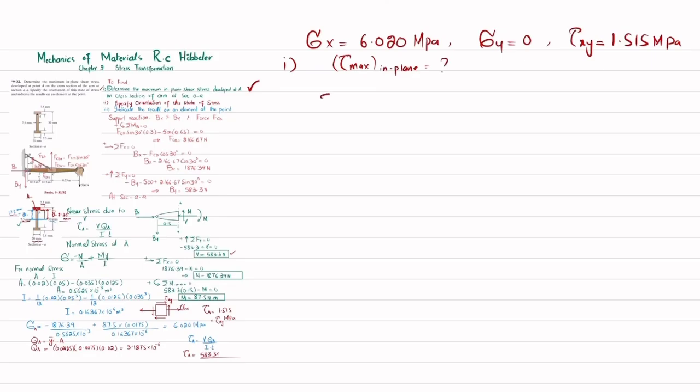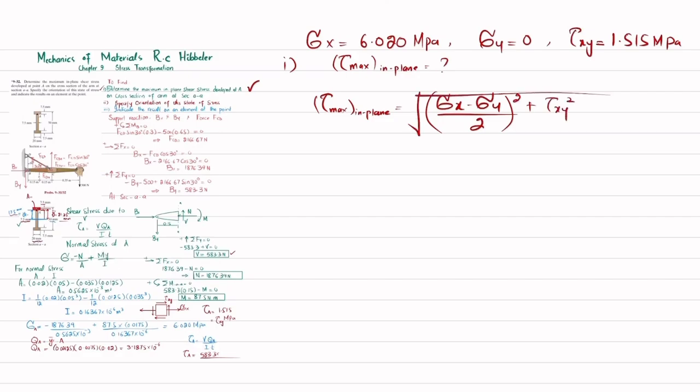So we know that maximum in-plane shear stress is equal to the square root of ((sigma x minus sigma y) divided by 2) whole square plus tau of xy square.